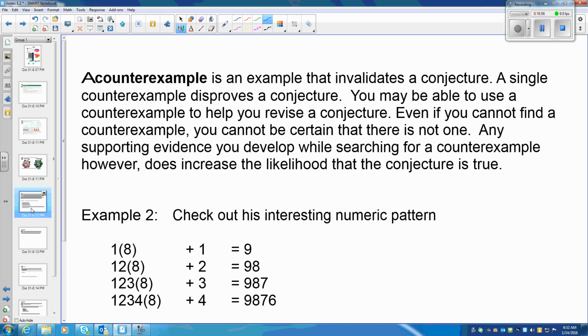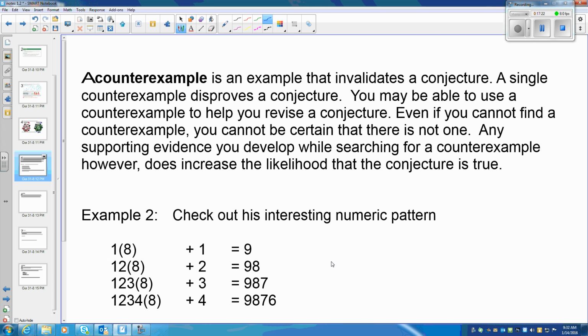And then we say, well, mainly this happens instead of it always happens. So a single counterexample disproves a conjecture. You may be able to use a counterexample to help you revise your conjecture. And even if you can't find one, it doesn't mean it doesn't exist. It just means you can't find one, okay?